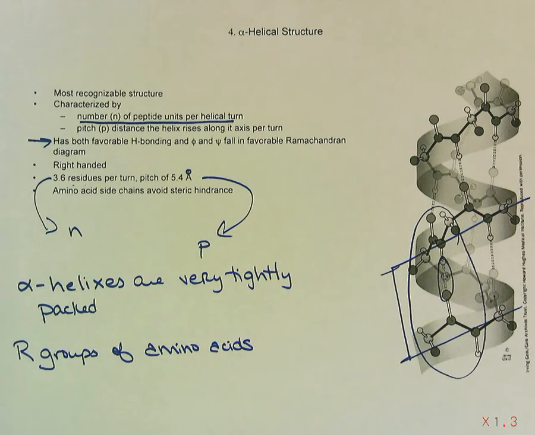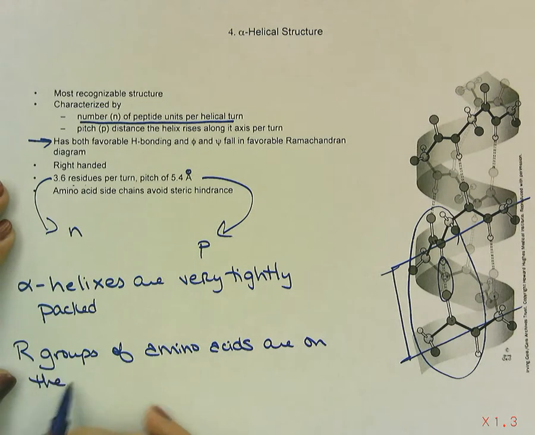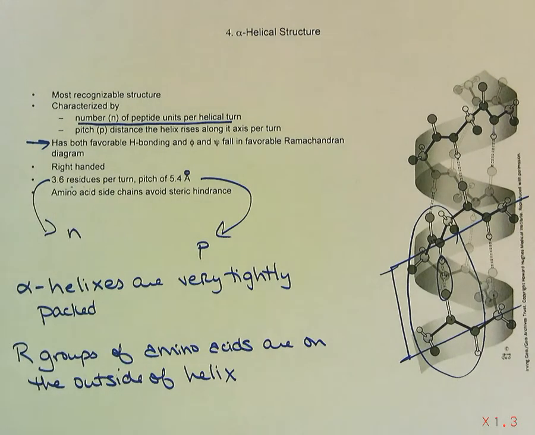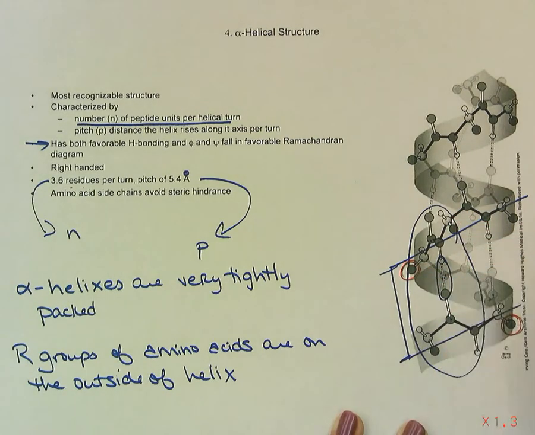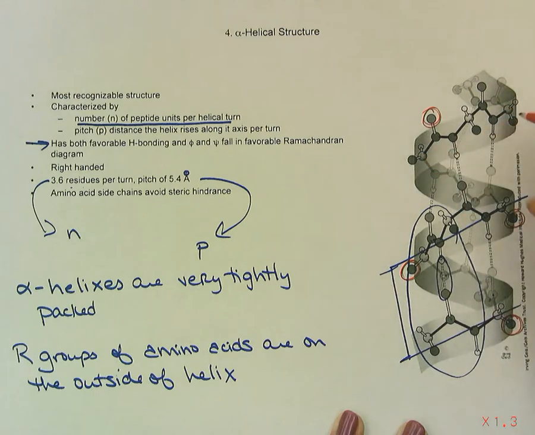The R groups for the amino acids are going to be on the outside. So in this case, some of the R groups are here, there, there, there.